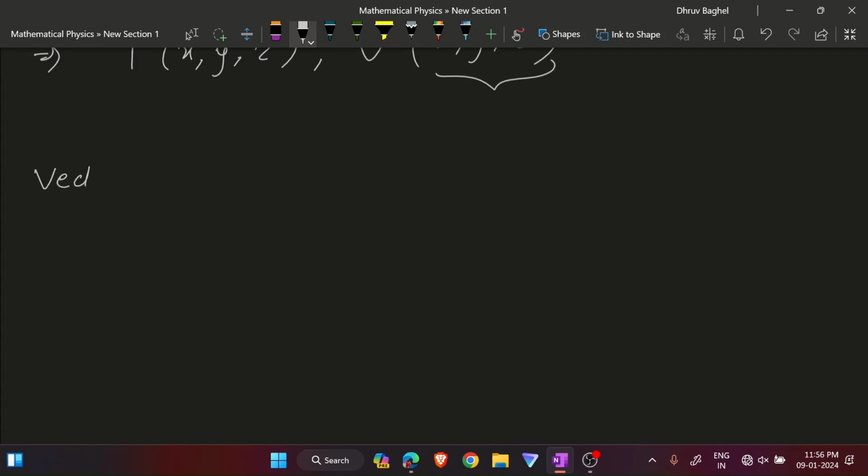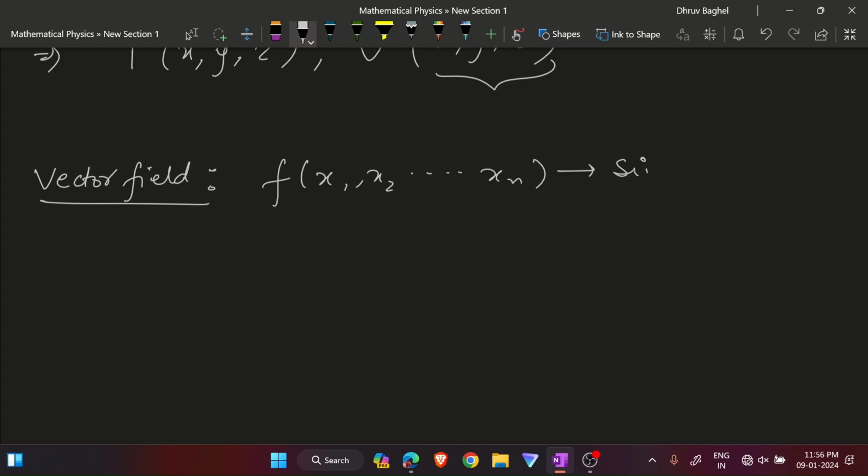Next is vector field. A vector field is also a function of space points like this, but this time the function is a vector quantity. Suppose electric field.